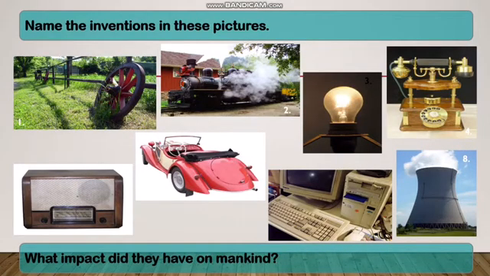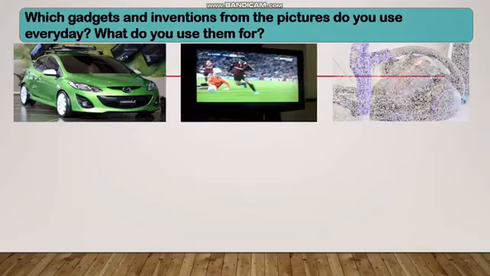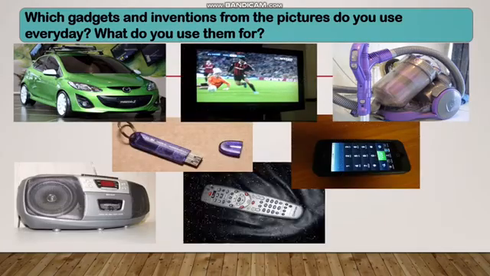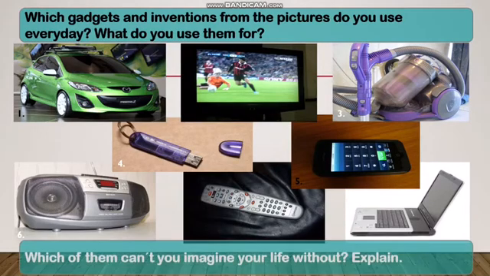What impact did they have on mankind? Which gadgets and inventions from the picture do you use every day? What do you use them for? Which of them can't you imagine your life without? Explain.